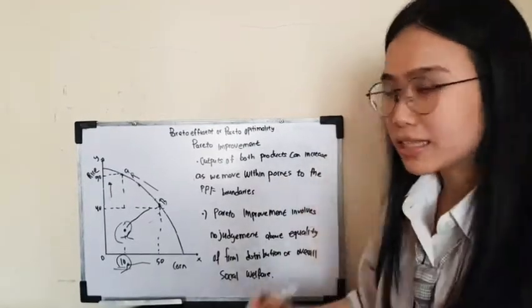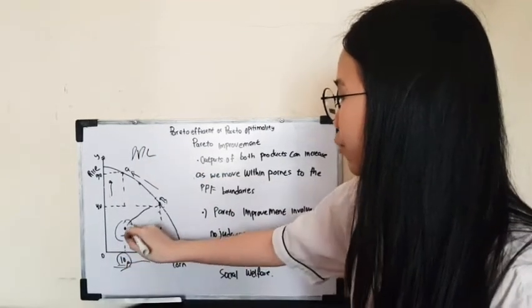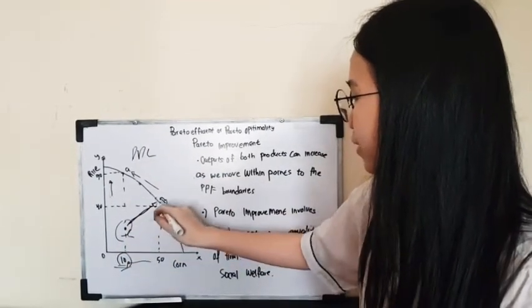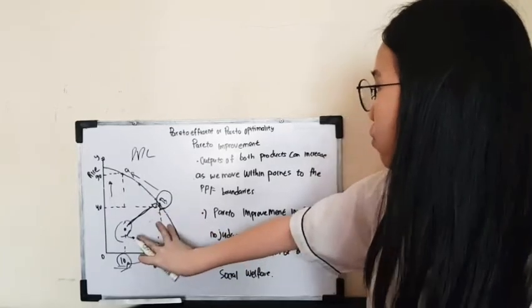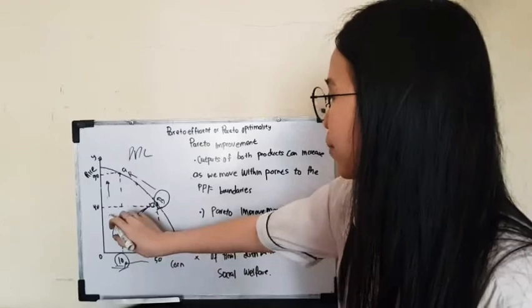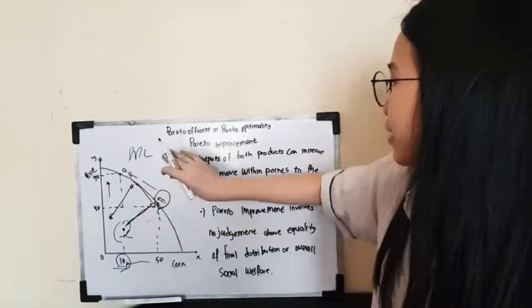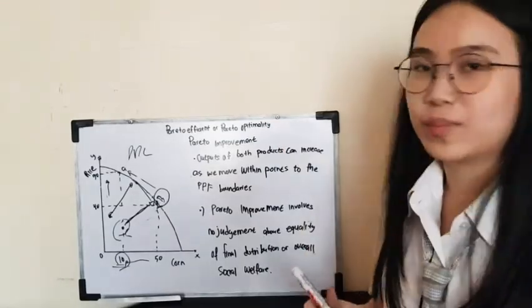Now, the example of it can be shown through this PPC. From point C, when it moves to point B, this shows Pareto improvement. So Pareto improvement is any point, for example this point, moving to these boundaries. That's what we call Pareto improvement.